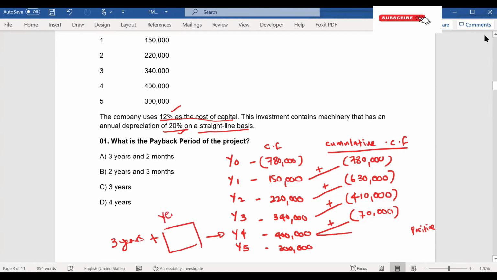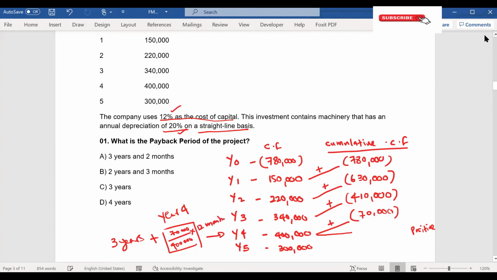Okay, so year 4, we need to identify how many months. So this 70,000 will be recovered from 400,000. So therefore, what you can do is 70,000 divided by 400,000 times 12.